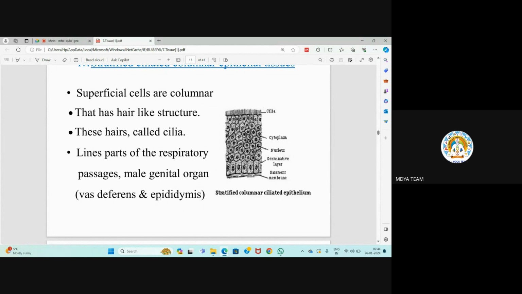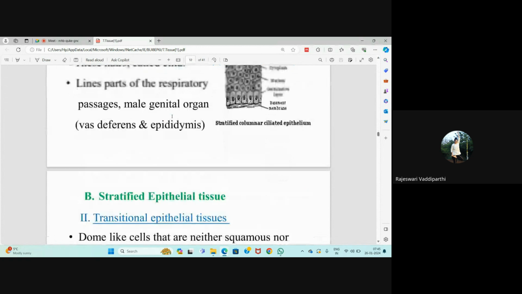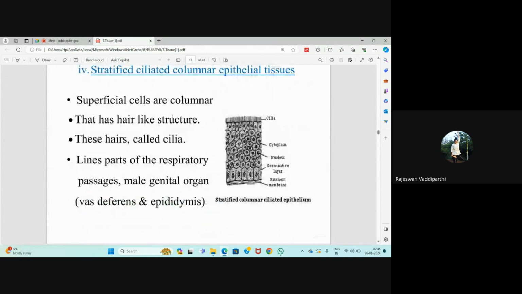So in those areas, ciliated columnar epithelial tissue is present. Ma'am, the vas deferens is where sperm is collected. Yes, it is a kind of tube only.